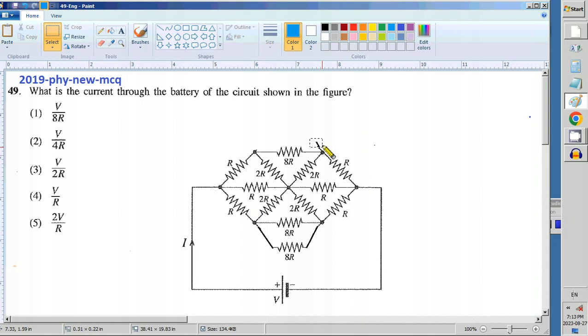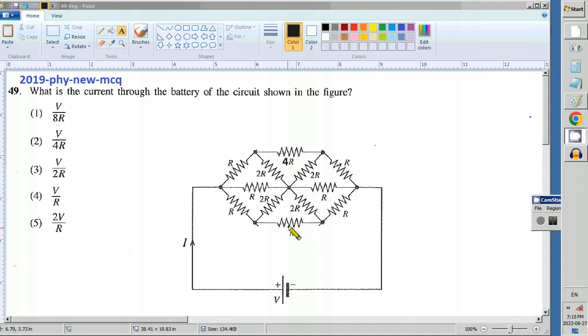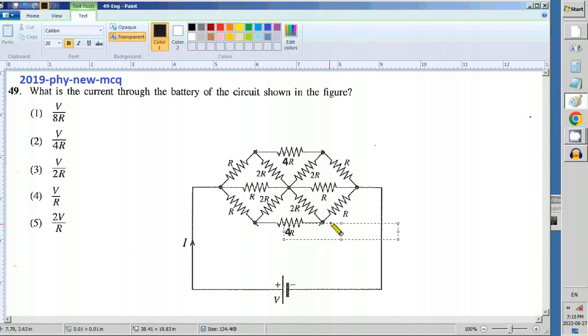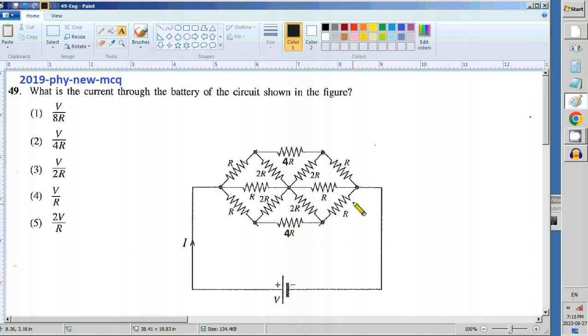I have to change the value to 4R, and here also 4R. That is what we can do from the knowledge we just discussed.